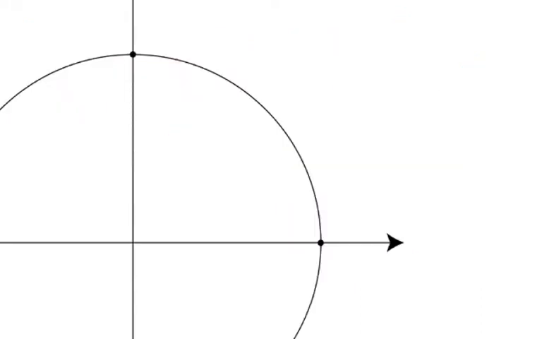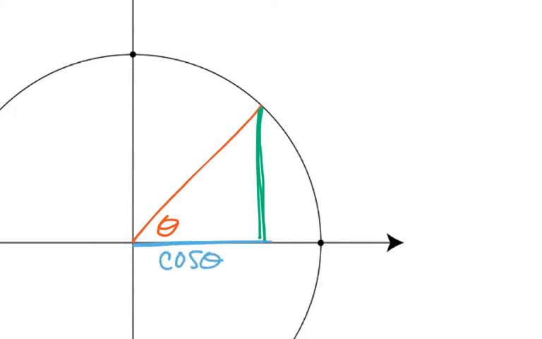Now I'm going to consider my unit circle one more time. So let's say I have an angle, theta, and this angle has a height, sine of theta, and a base, cosine of theta.